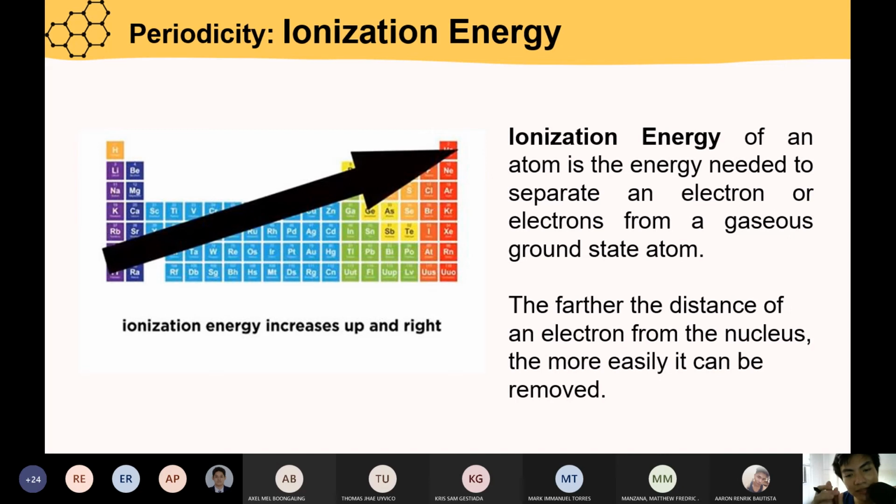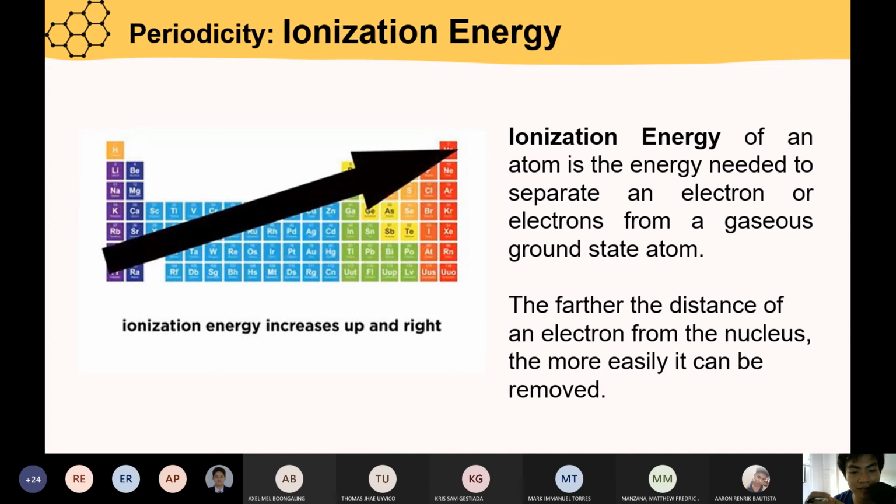Pag kayo magkasama talaga, no, hindi kayo mapaghiwalay, di ba? Kasi magkasama kayo no? So yun, ganun din pag small atom. Small atom, the electron and the nucleus are close to one another. So they are inseparable. Okay? So kung gusto mo maghiwalay sila, you have to provide big amounts of energy. Okay? Yun yung ionization energy.